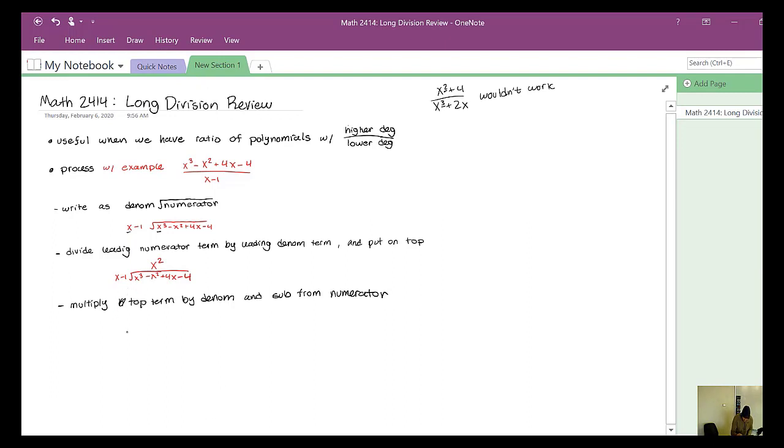X cubed minus x squared. Right, so if I multiply these two together, we would get x cubed minus x squared. So I subtract this from the numerator. You can see it will lead to cancellation.